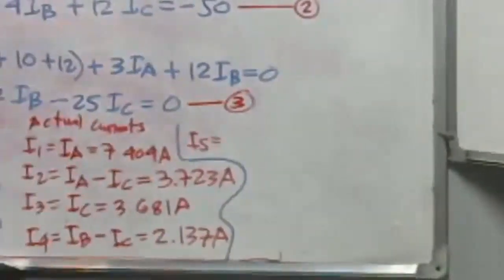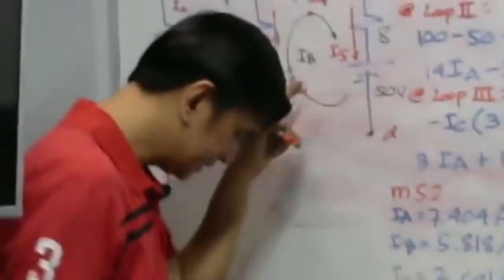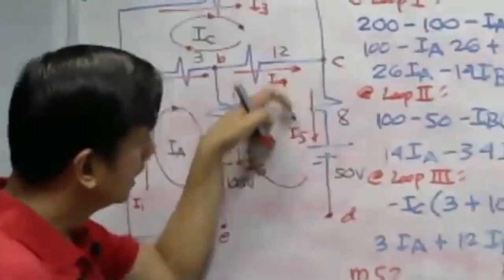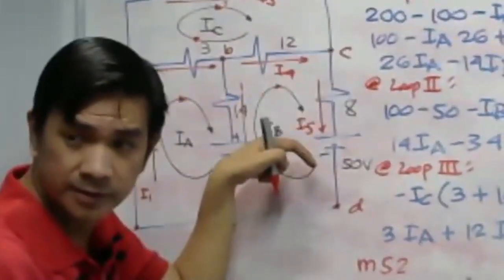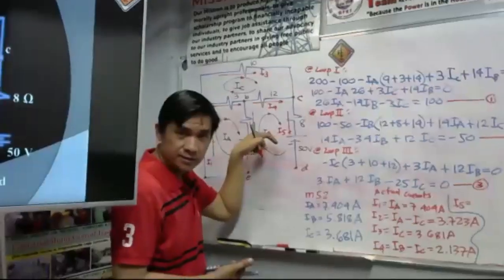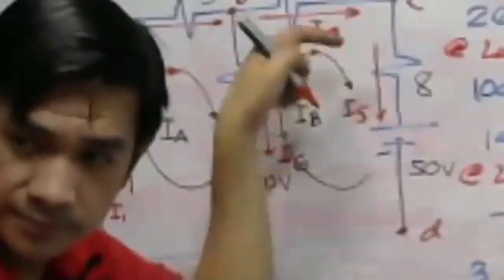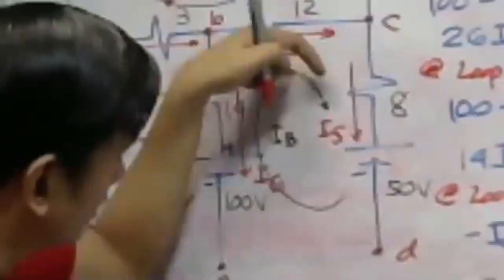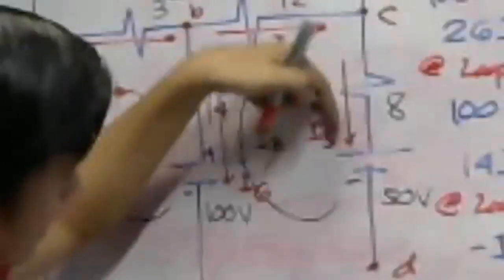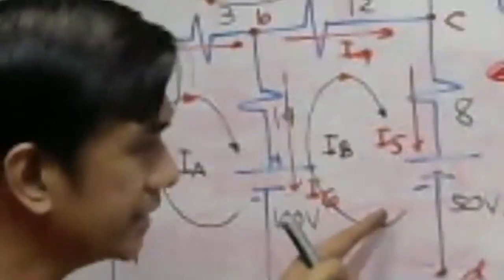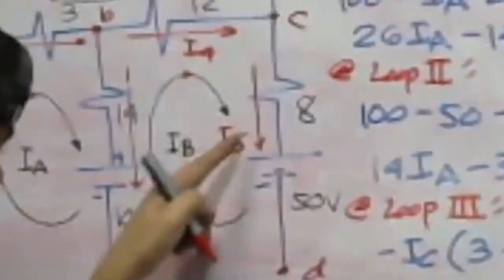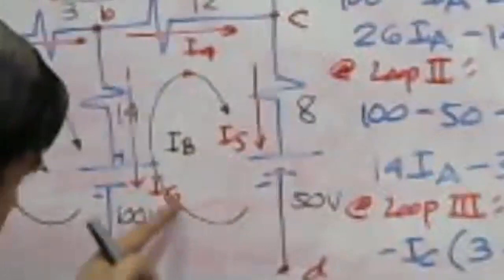Take a look here. What is our I5? This is easy. Our I5 is going downward. Please focus carefully here. I5 is downward. Our I sub B, if we trace it, is also downward.